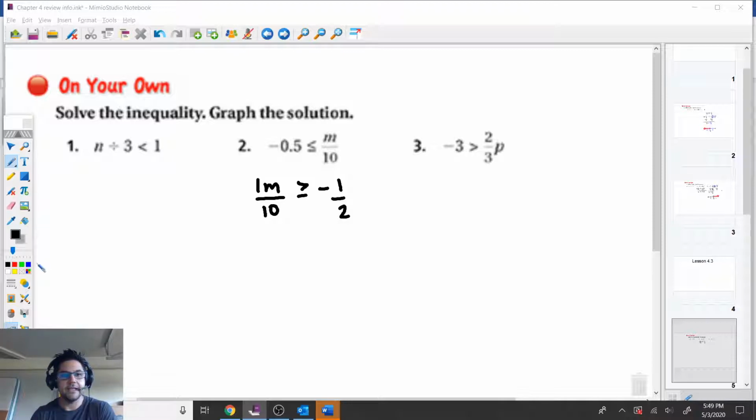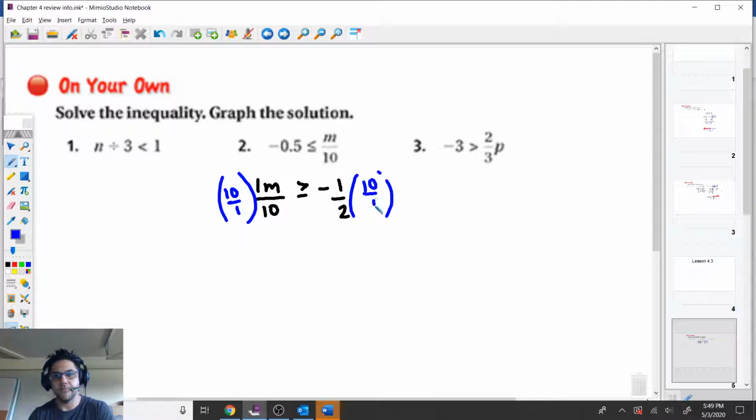All right, let's multiply by the reciprocal. So that's going to be 10 over 1. Now again, I just multiplied by a positive, so that's not when the extra special information comes into hand. So don't worry because you see a negative sign. It's what you multiply or divide by.